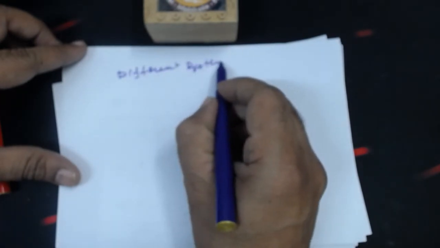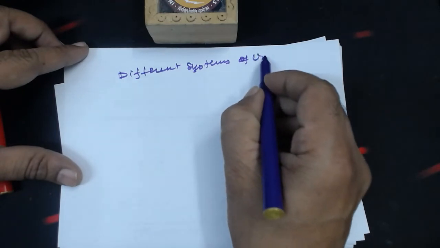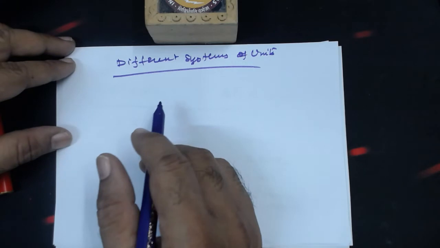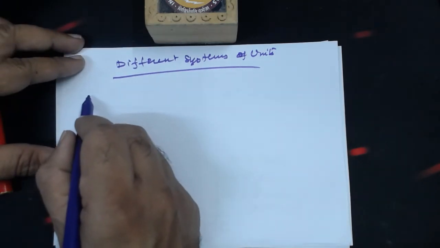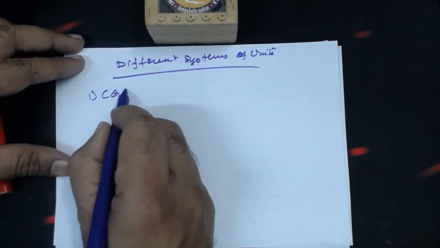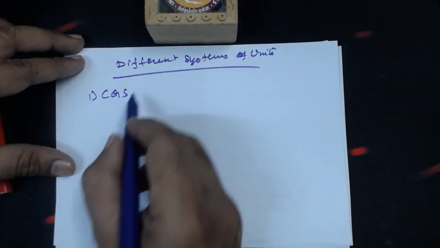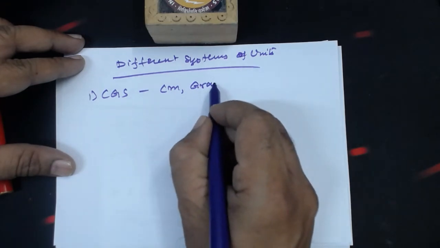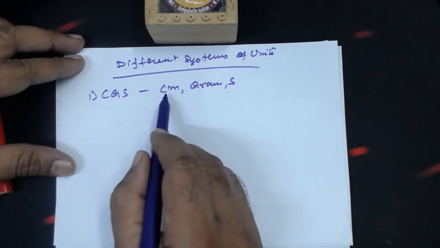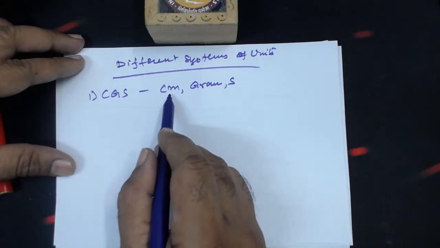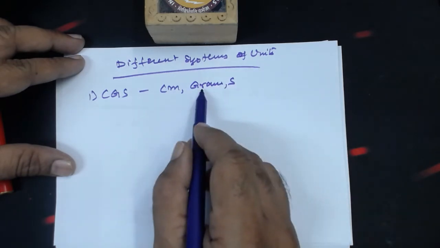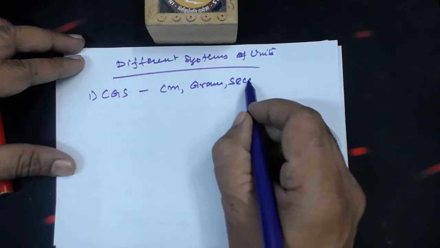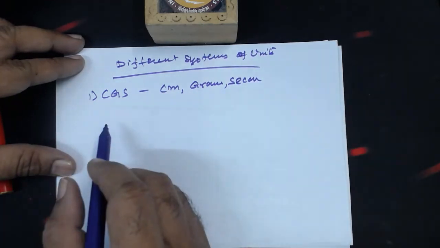CGS system means centimeter, gram, second. That is, the length measurements are made in centimeter, mass is measured in gram, and time in second. So that's why we call it CGS.